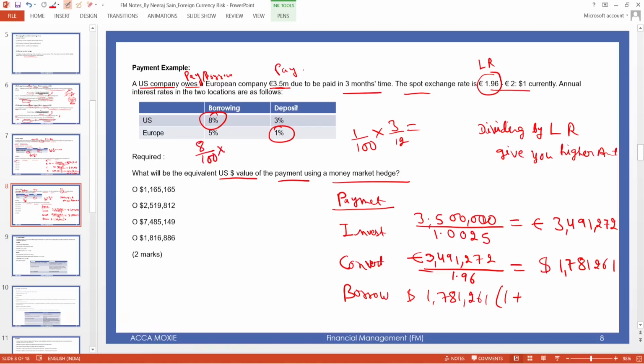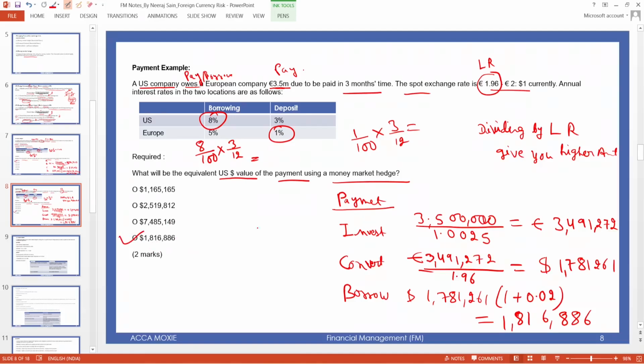USD 8 divided by 100 multiplied by 3 divided by 12 gives 0.02. So 1781261 times 1.02 gives 1817 thousand, the right answer. This is the right answer, guys.